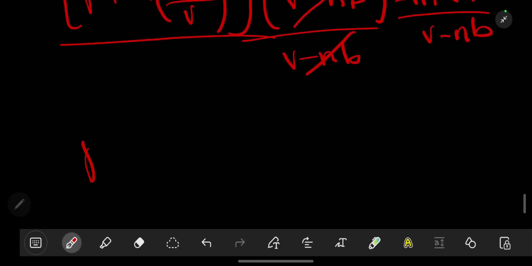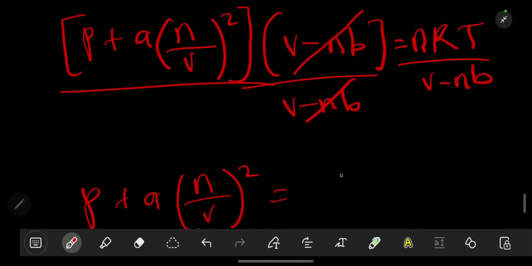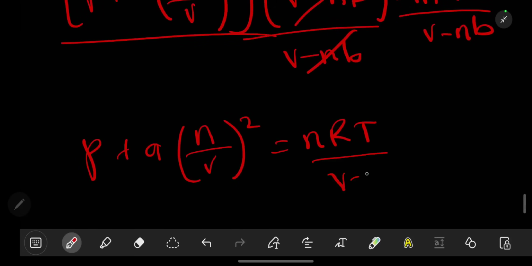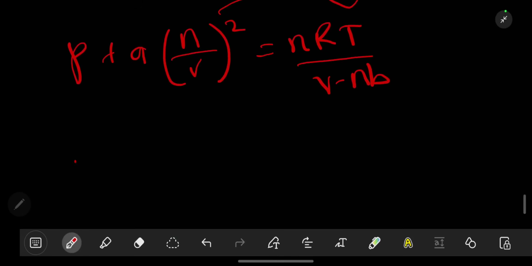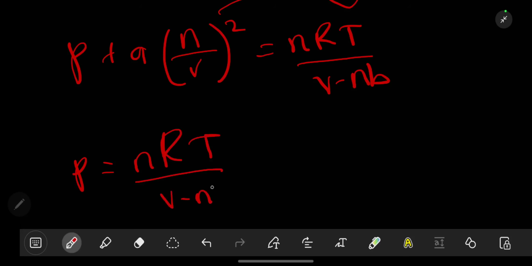We are going to remain with P plus a, N over V, squared, equal to nRT over V minus nb. We take this value to the other side, so pressure should be equal to nRT over V minus nb, then minus a, N over V, squared, like that.